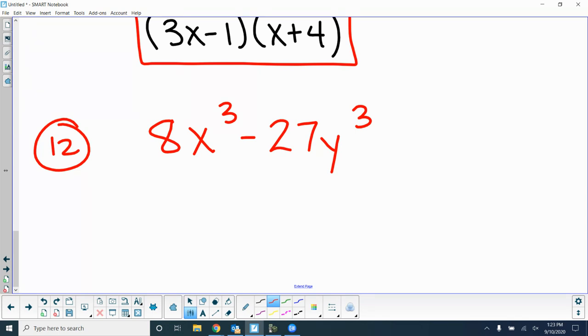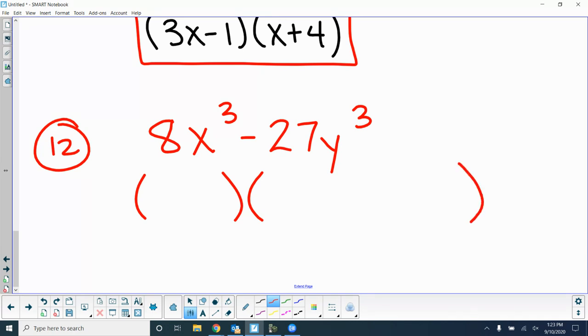No. Is it a difference of squares, Ashton? No. Is it a sum or difference of cubes, Jamie? Yeah, it is. So don't just nod and say yes. Say it out loud and say yes. Yeah, it is a difference of cubes.